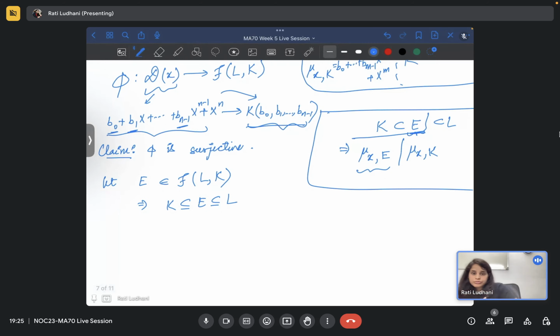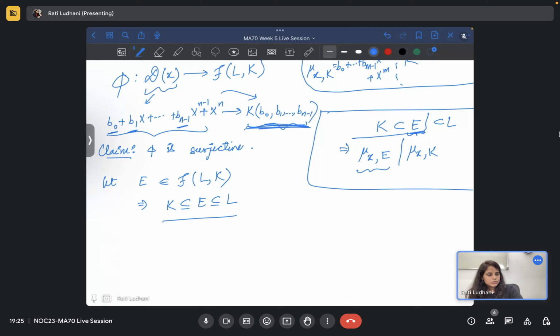Now we need to find a polynomial which divides mu_{x,K}, and we need to write it in these terms. That's the only way we can say this is a surjective map. We need a pre-image.